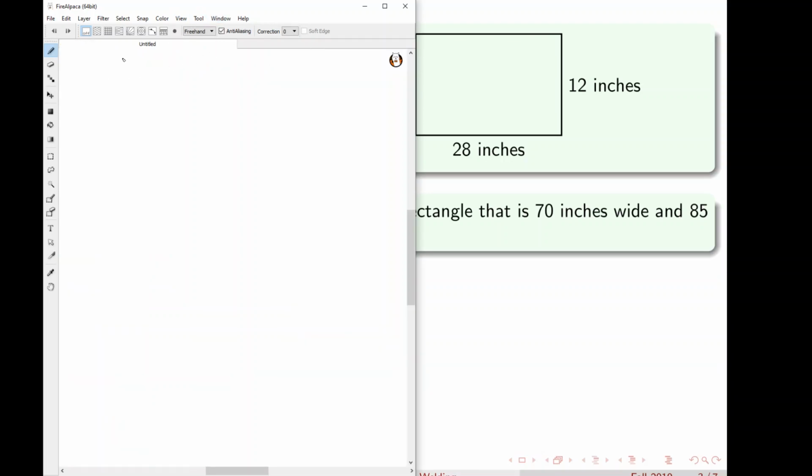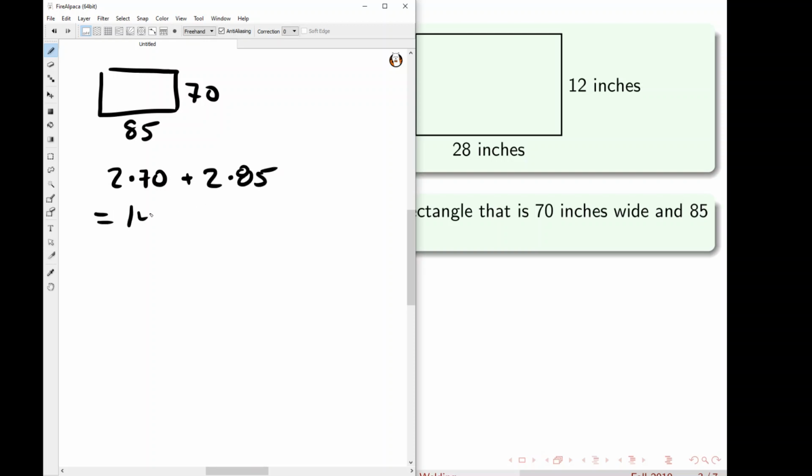I'm going to do this by saying it's 2 times 70 plus 2 times 85, which is 140 plus 170, which is 310 inches.